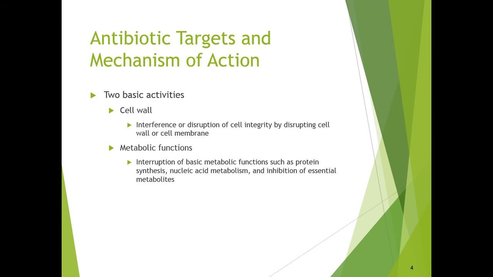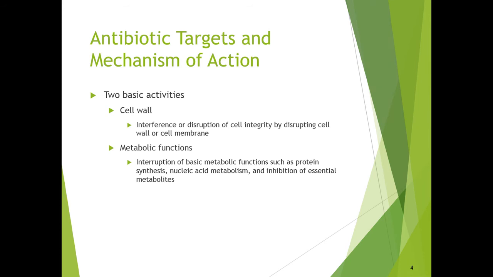So antibiotic targets and mechanisms of actions, we're not going to go into how all these different antibiotics work. We will talk about beta-lactam antibiotics and an enzyme called beta-lactamase that is a resistance enzyme for beta-lactam antibiotics. So basically that works on the cell wall of the organism.